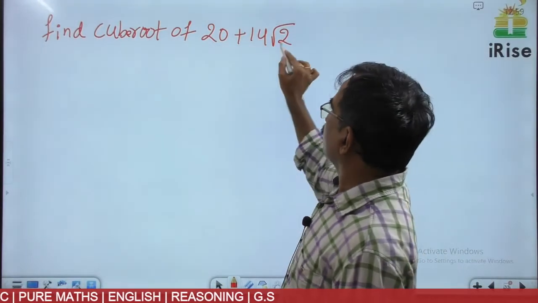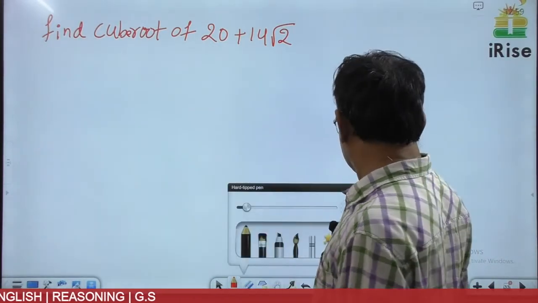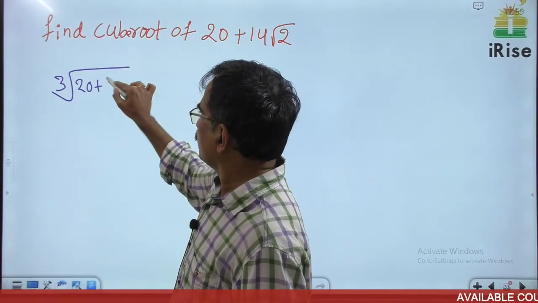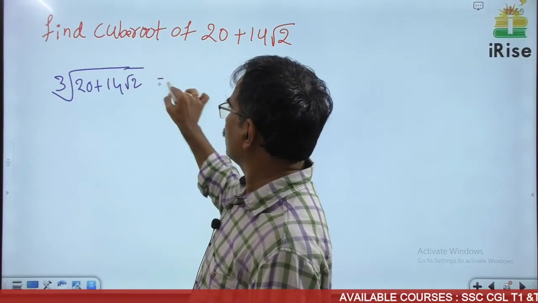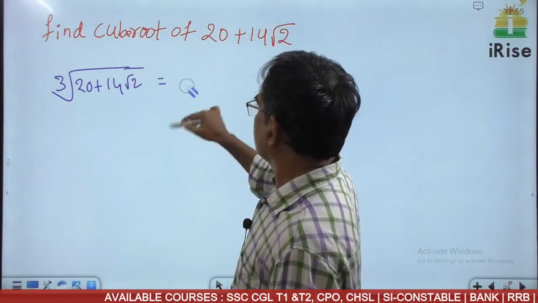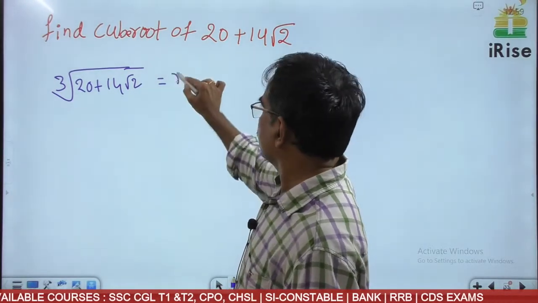Find the cube root of 20 plus 14 root 2. This is the question. The cube root of 20 plus 14 root 2 is equal to how much? I want to consider this as x plus root y.